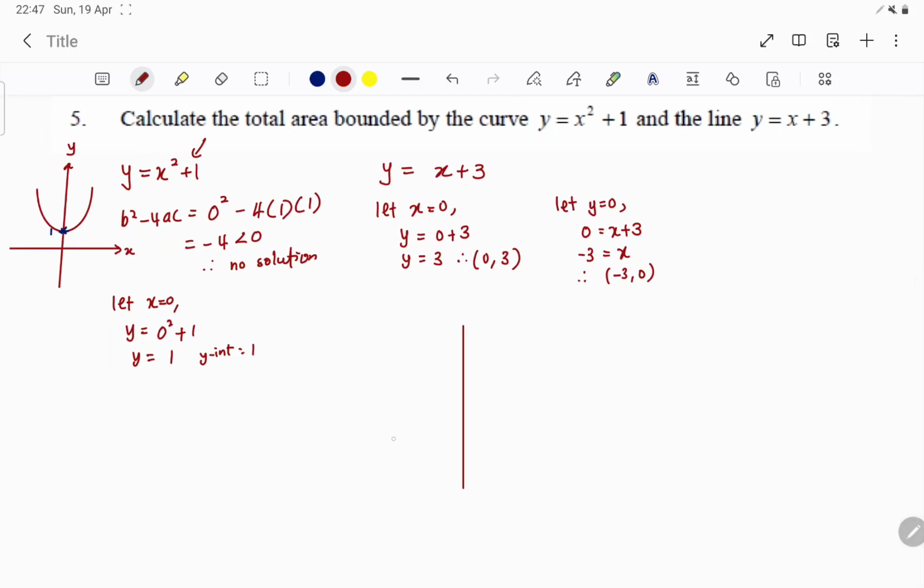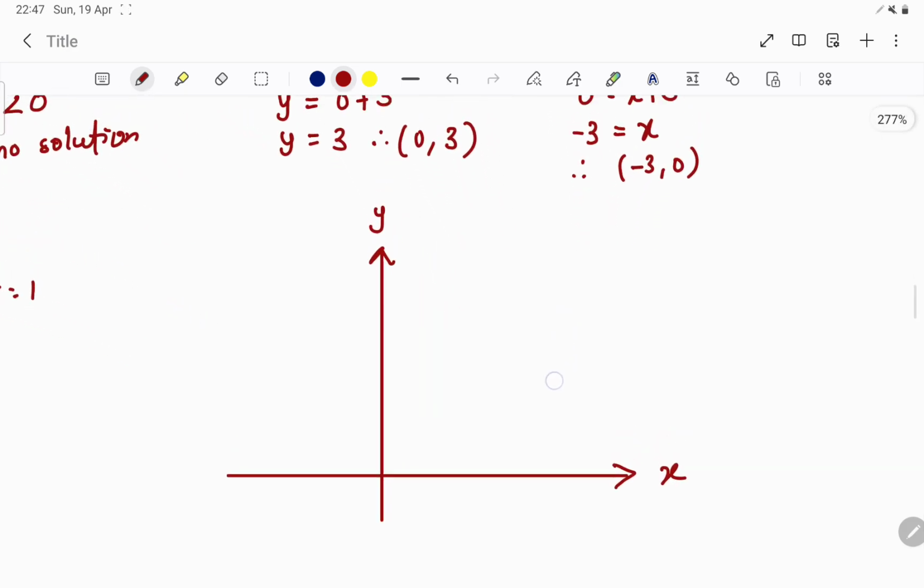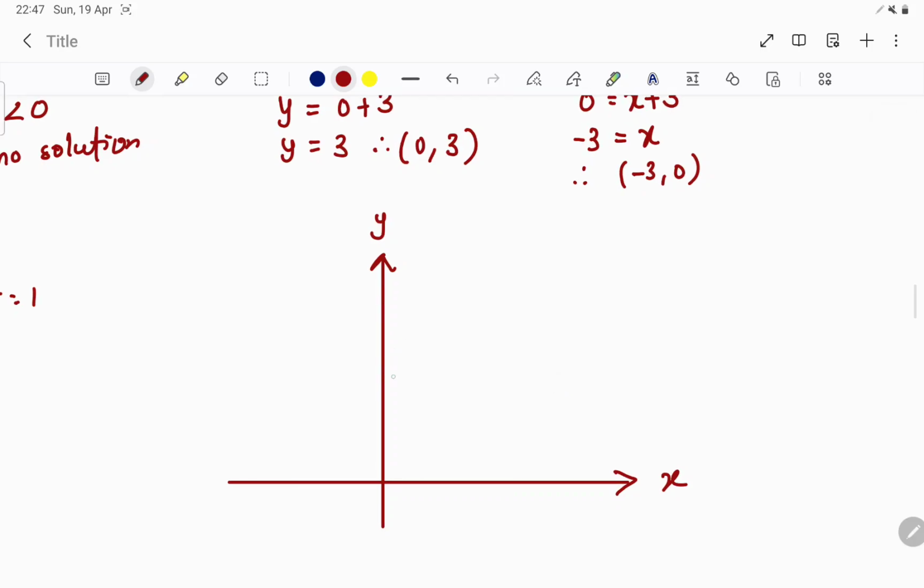So this is your graph, x, y. Here we have (0, 3) and then we have (-3, 0). I put this as 3, so (0, 3) should be around here.